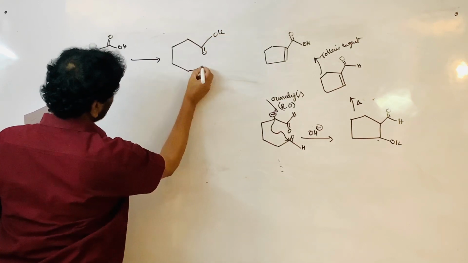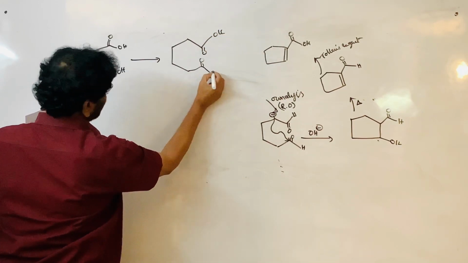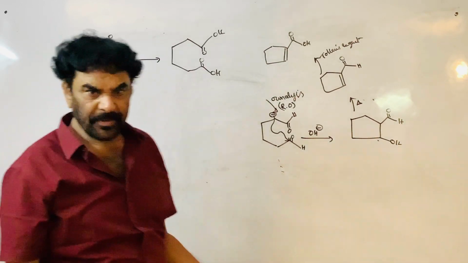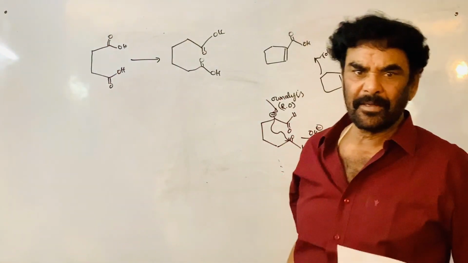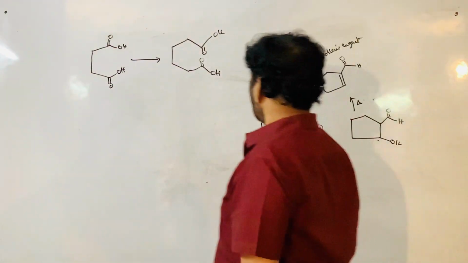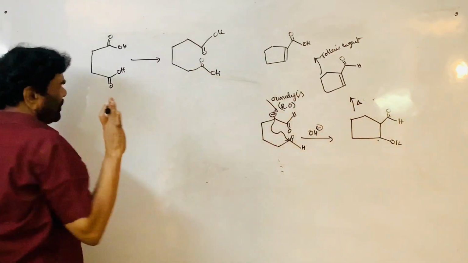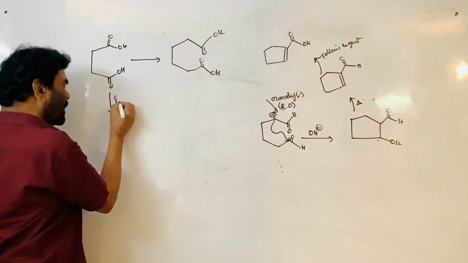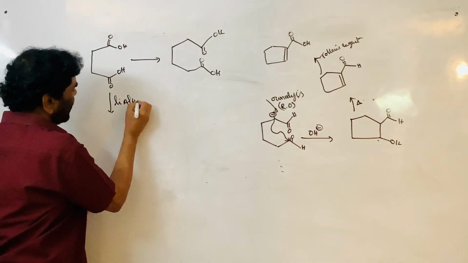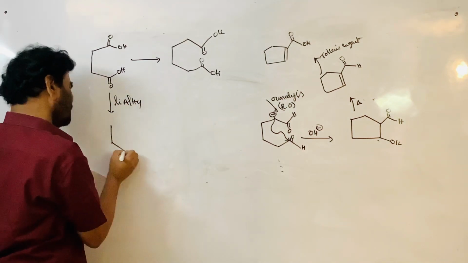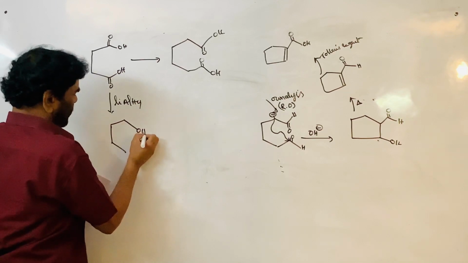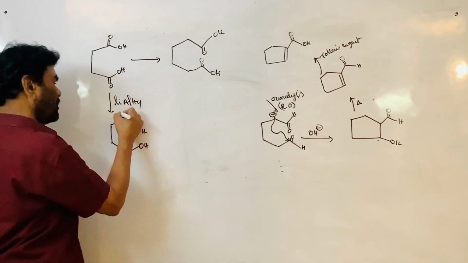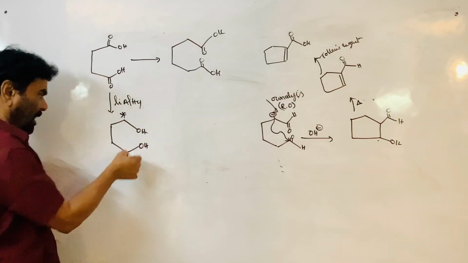Two carbon atoms are increased. See, there is an increase of 2 carbon atoms here. There are three procedures. The best one, the less complicated one, for our convenience, is to use lithium aluminum hydride. Corresponding alcohols are formed.